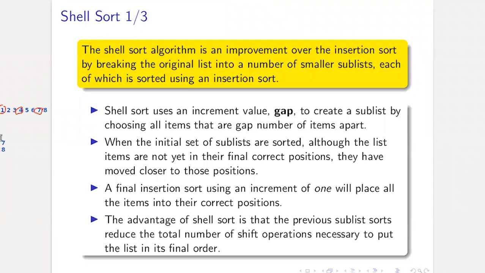Now you take these sublists and apply the insertion sort. When you do your sorting in this manner, none of the sublists will have their items in the correct final place, because you are only sorting within a sublist.